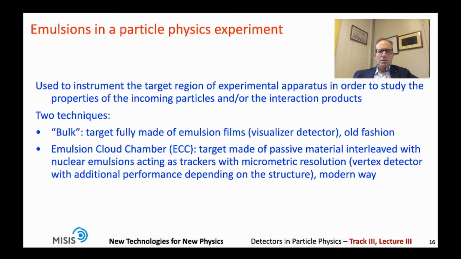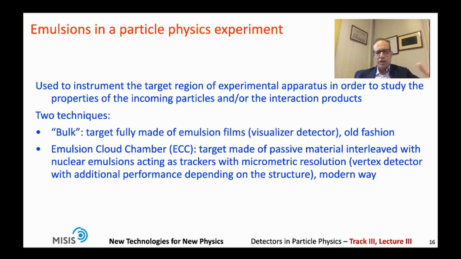The emulsion detectors in particle physics experiments are used to instrument the target region of experimental apparatus in order to study the properties of the incoming particle and also of the interaction products.